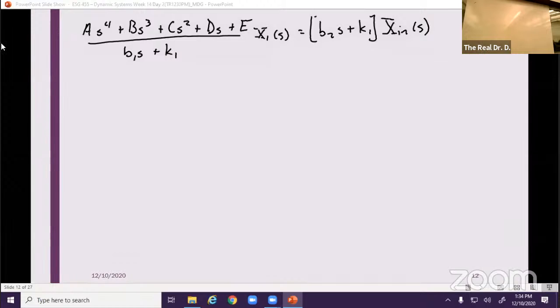So if we do all of that, we can simplify it down to this. Right, and we can calculate A, B, C, D, and E if we get parameters later.